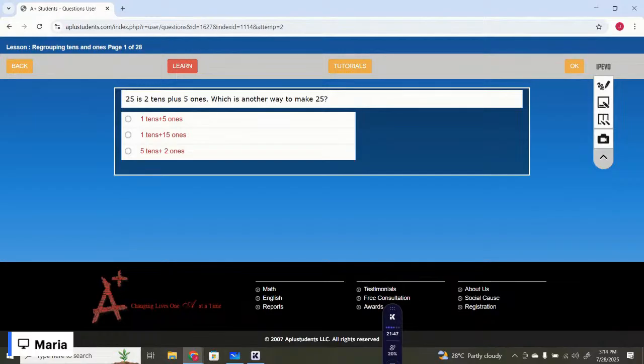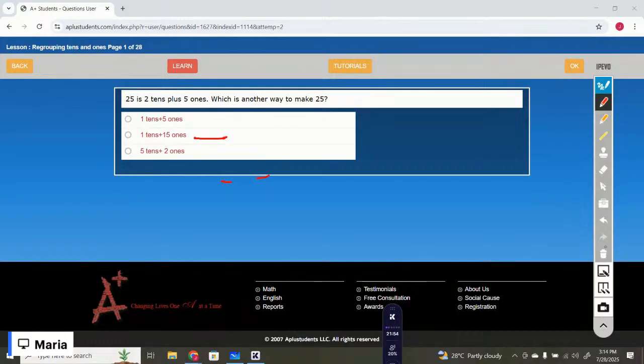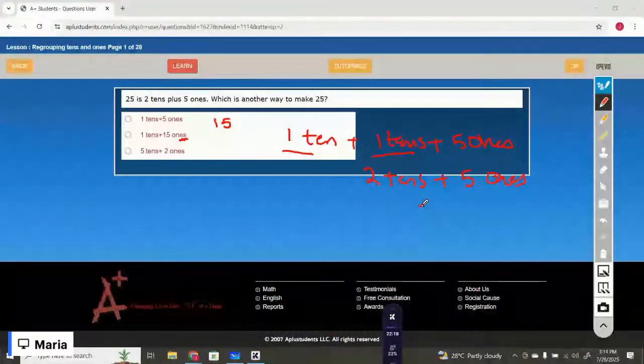25 is 2 tens plus 5 ones, which is another way to make 25. We need to find another way to make 25. So 1 ten and 5 ones makes 15. 1 ten and 15 ones. Let's just check with this one. We already have 1 ten. Now let's split that 15 ones, we have 1 ten and 5 ones. Now collect the tens. 1 ten and 1 ten together make 2 tens plus 5 ones. So 2 tens plus 5 ones together make 25.